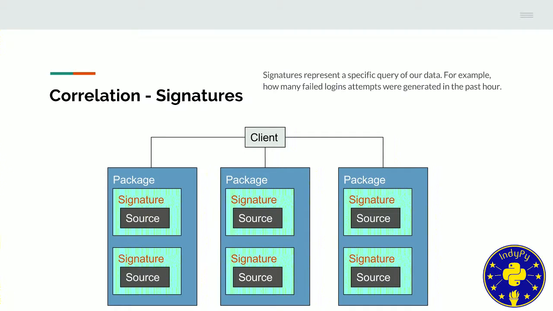Now our signatures are a specific query for the source that we're interested in. So am I looking for 403 forbidden codes in our HTTP responses? Am I looking for access denied? Am I looking for login patterns or particular firewall rules?